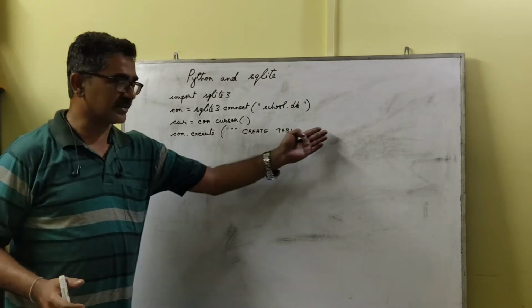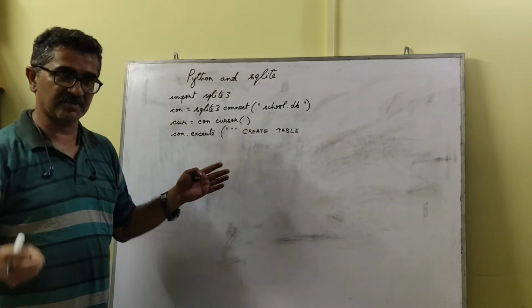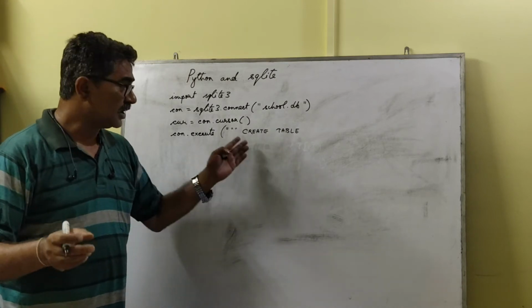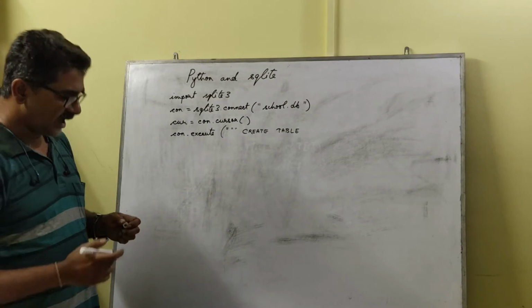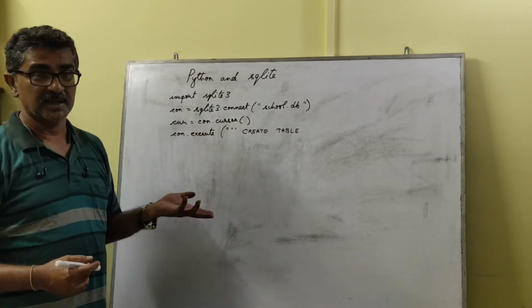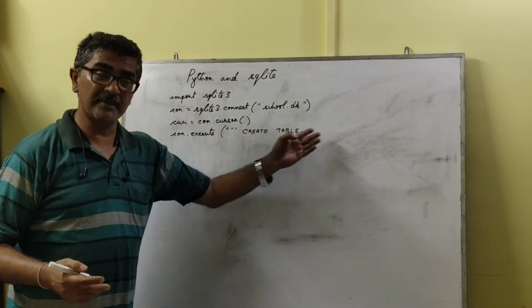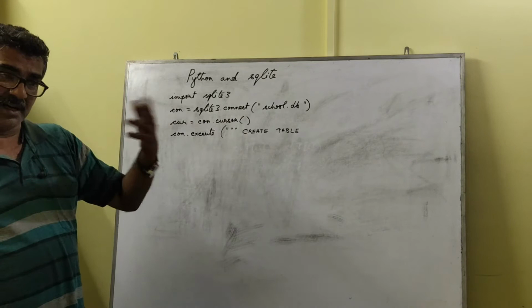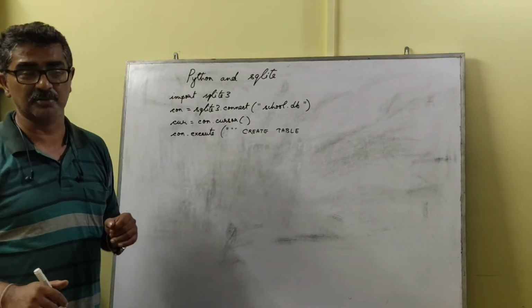So here, create table, we can write student and then followed by the usual fields or attributes which we are going to store inside this table named student. Now there may be a situation where you need to call this particular program again. In that case, it's going to create the table named student again. The problem is, earlier when you executed this program, it had already created the table named student.